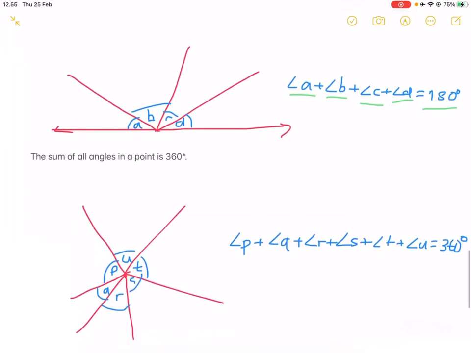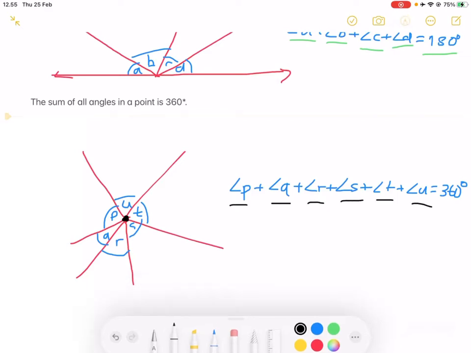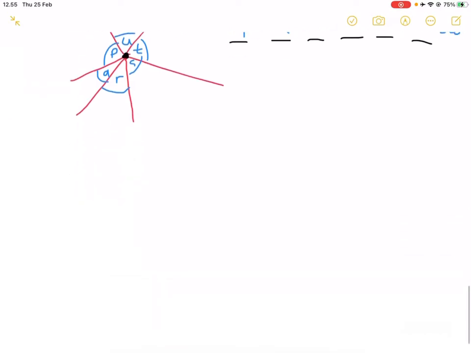And the sum of all angles at a point, the point being right in the middle there, is 360 degrees. From this diagram, angle P plus angle Q and so on will result in 360 degrees.